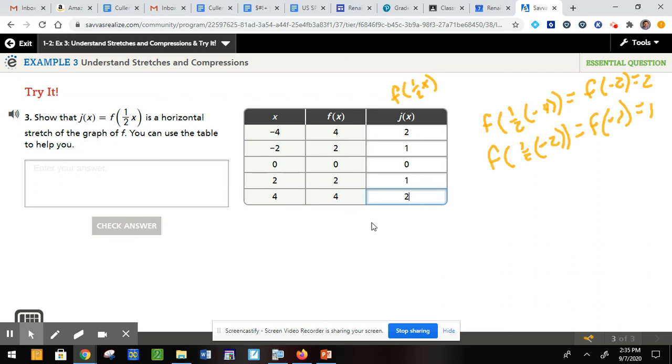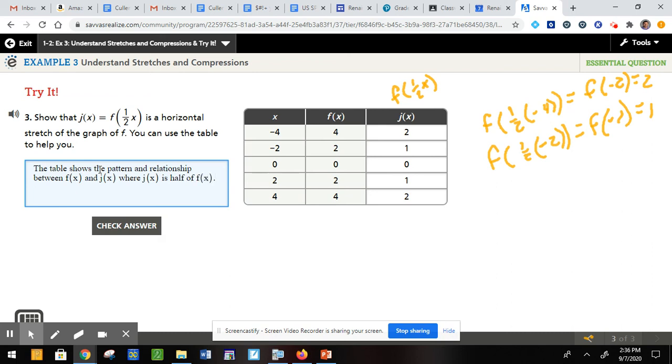Okay? So you can just simply say the table pattern and relationship between f of x and x, where f of x is half of x.